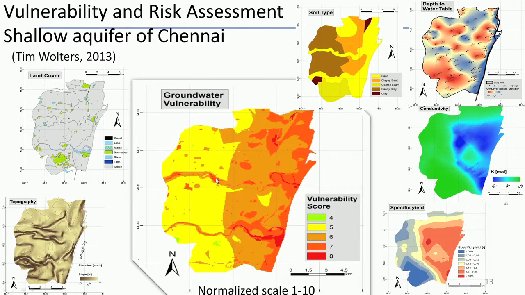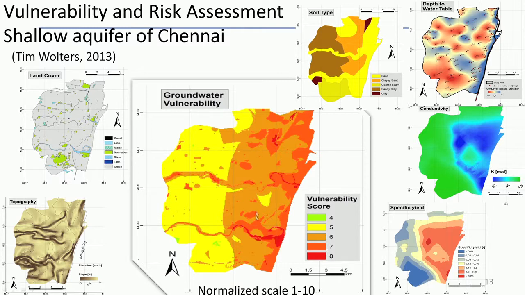And this was done for this specific case by calculating a vulnerability score. We have a range from 4, green, so to say, less vulnerable, to dark red, a vulnerability score of 8, which would be highly vulnerable.